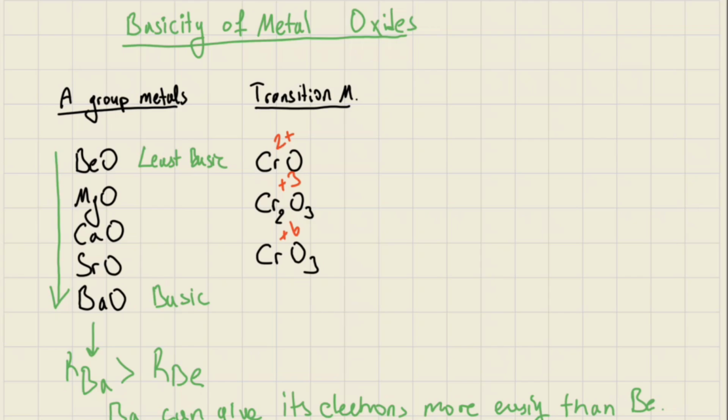This weakens the oxide's ability to donate electrons. So in here, chromium 6 plus causes an acidic environment, since it cannot donate its electrons, but chromium 2 plus is a base.